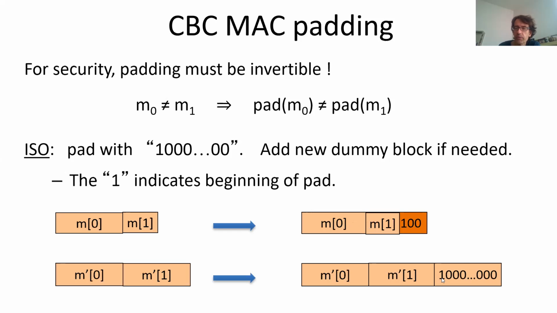So what do you have to do? Well, in this case, you just add one more block, a 1 followed by all zeros, which does not matter much if your messages are long, that you perform one more block cipher operation, right? Now your message effectively became 3 blocks instead of 2.